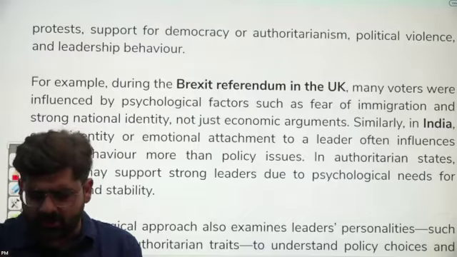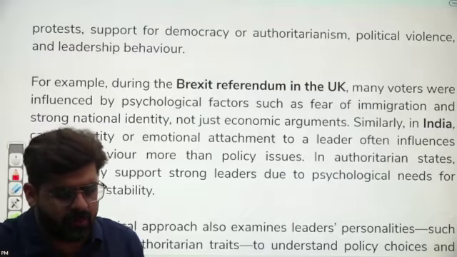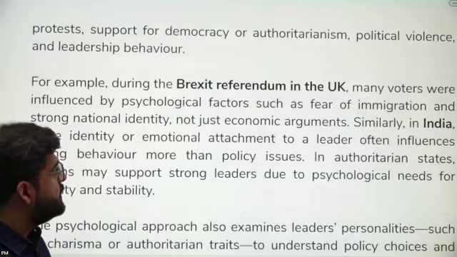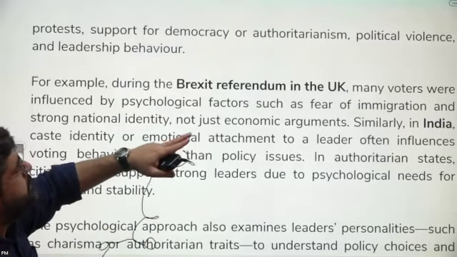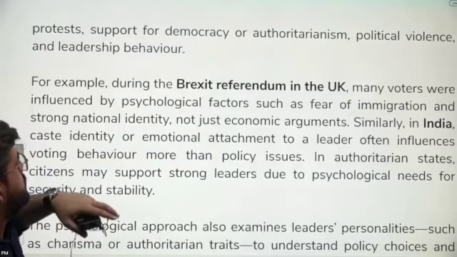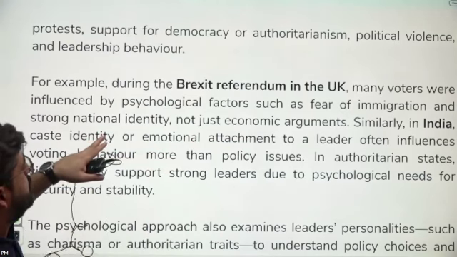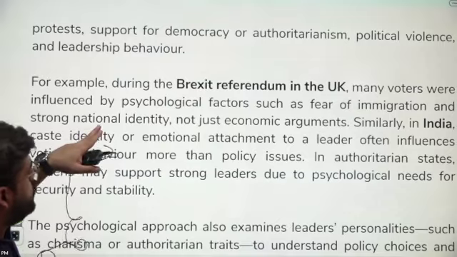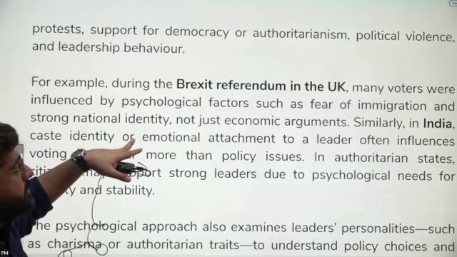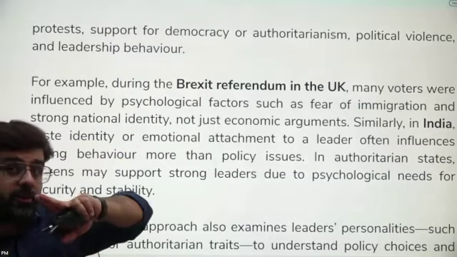A big section of the population believed that it was the immigration, it was the loosening of national identity of Britain, which were responsible for Brexit.